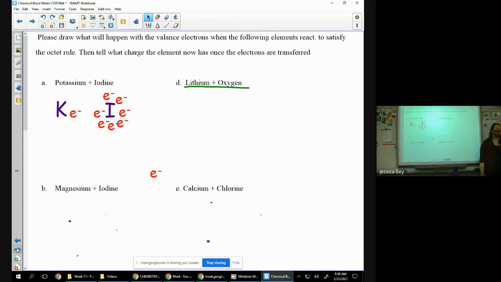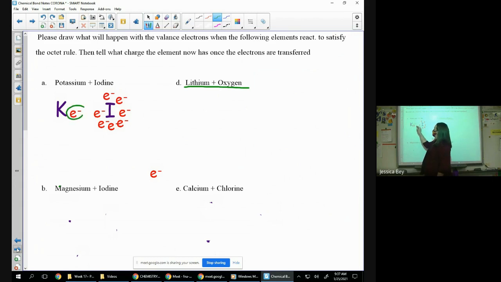I promise it'll get harder. What in the world might you do if potassium doesn't want his 1 and iodine wants how many more? He wants 1. So just circle this electron. When these react, you're going to send an electron here. Now he'll have 8, and he got rid of that one. So he has 8 in his second energy level.